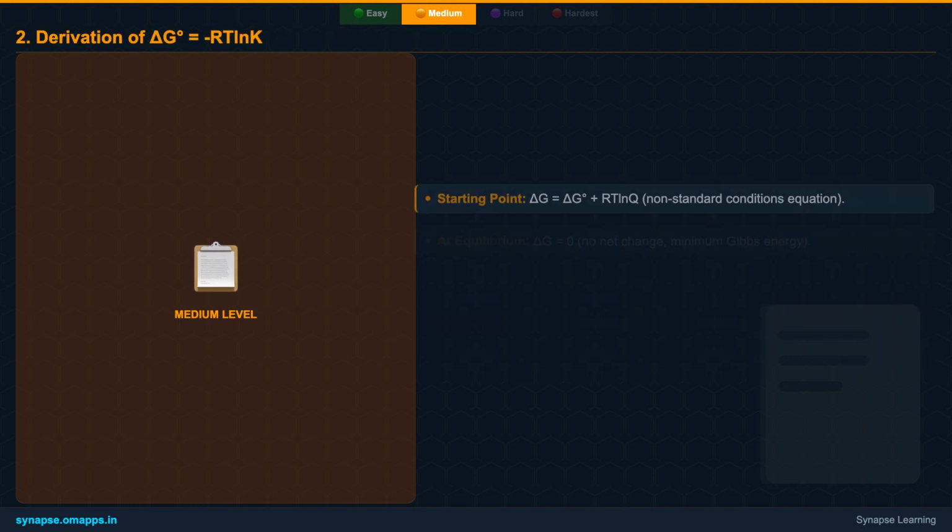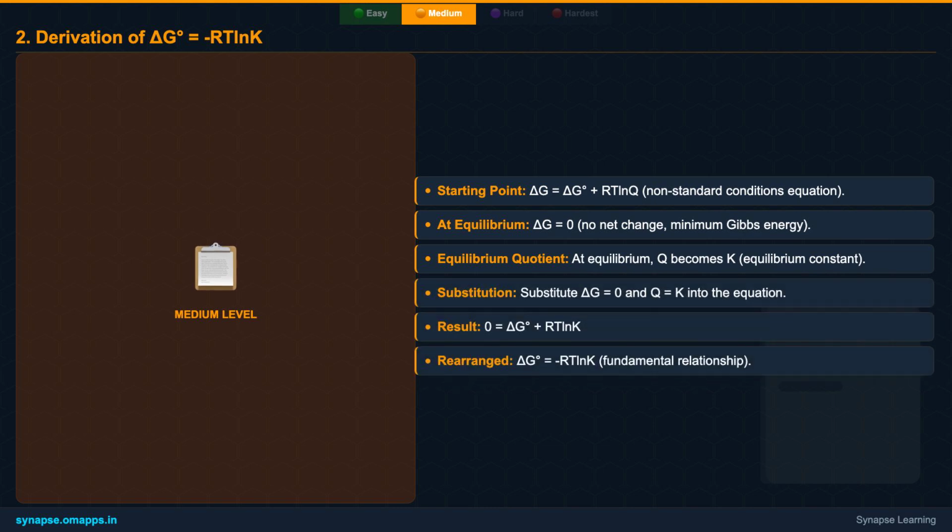The derivation of delta G degree is equal to minus RT ln K is quite elegant. We know that at equilibrium, the net change in Gibbs energy, delta G, becomes zero.